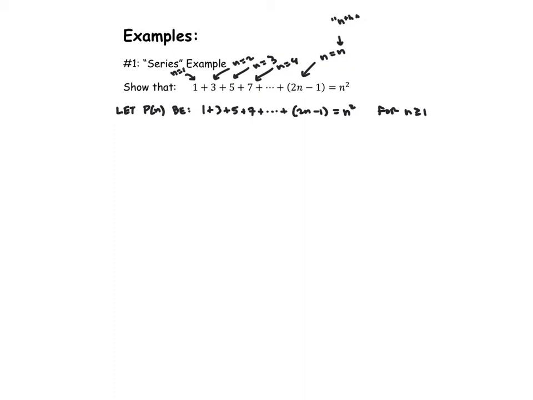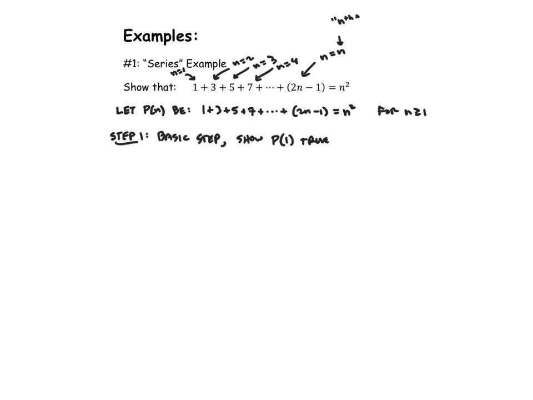Step one we call the basic step. In step 1, we're showing that our statement is true for the first available n. So in this case, we want to show that P of 1 is true. So let's do that.